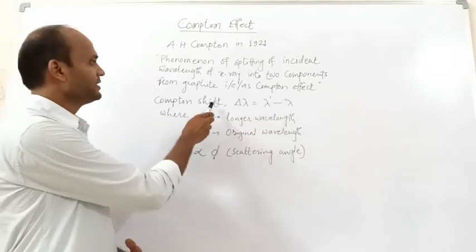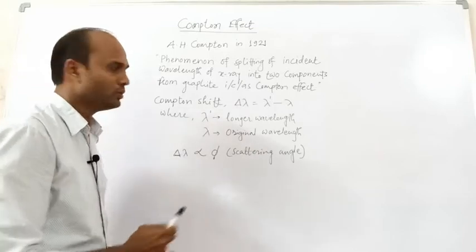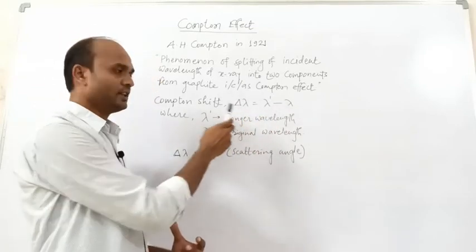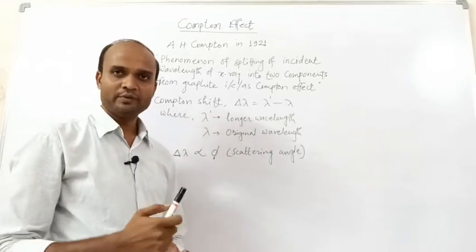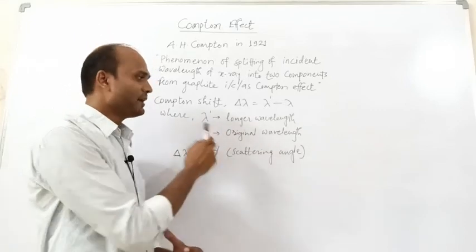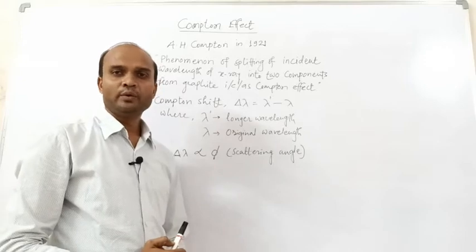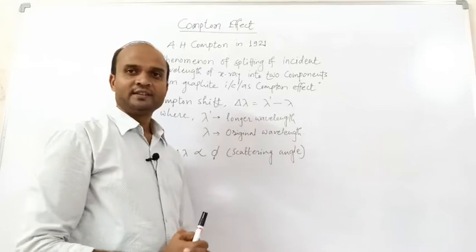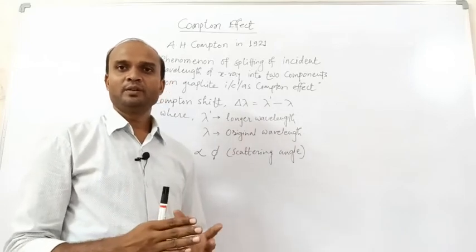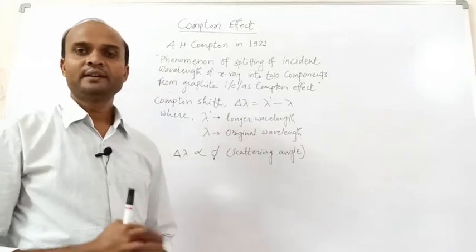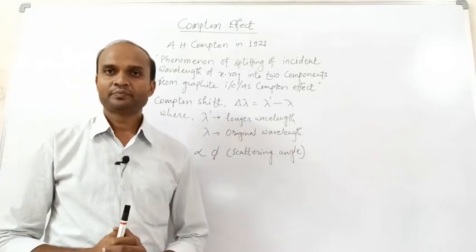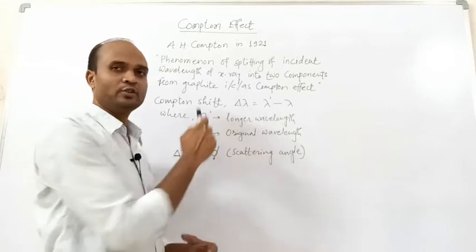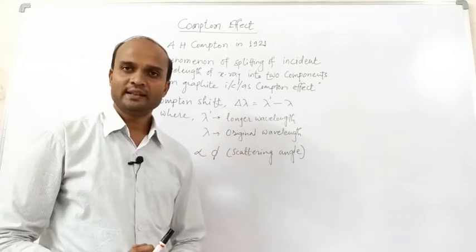So Compton shift delta lambda is equal to lambda dash minus lambda, where lambda dash is the longer wavelength, that is the modified wavelength, while lambda is the original wavelength, that is the unmodified wavelength. That difference is called the Compton shift, denoted by delta lambda.